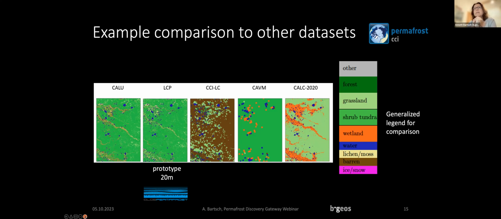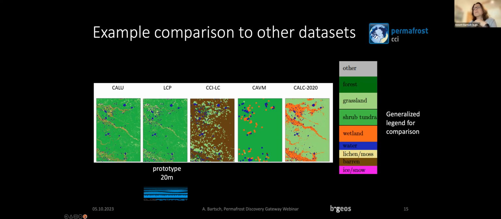In the center, that's the CCI land cover. It has largely barren for the northern area, which is unfortunately not really matching. The CIVM, you see clearly the resolution difference.